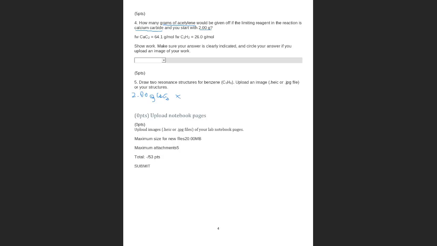You can never work with grams. And they are giving you up here the molar mass of the calcium carbide. So you know that 1 mole of calcium carbide equals 64.1 grams of calcium carbide. So what I did so far is convert the grams of calcium carbide into moles of calcium carbide.